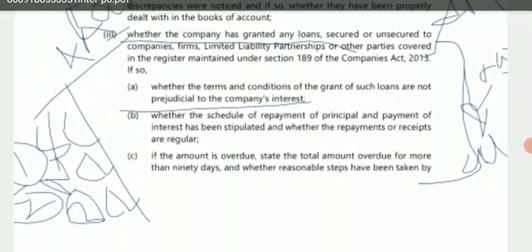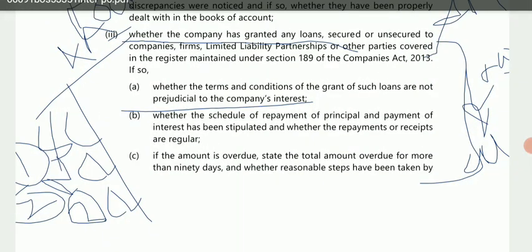Let us just revise this point once again, the loans and advances point. First of all, you have to mention whether the terms and conditions are in the interest of the company. Second, you have to mention whether the company is maintaining a proper schedule and is regular in receiving its repayment.